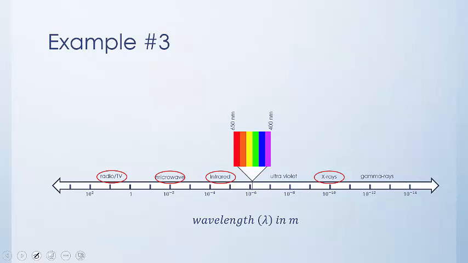So, if the wavelength increases in this direction, that means the frequency is going to increase in this direction. So the highest frequency side of the electromagnetic spectrum is down here where your UV, your X-rays, and your gamma rays are. So the choice would be X-rays. That would be the answer to the question.